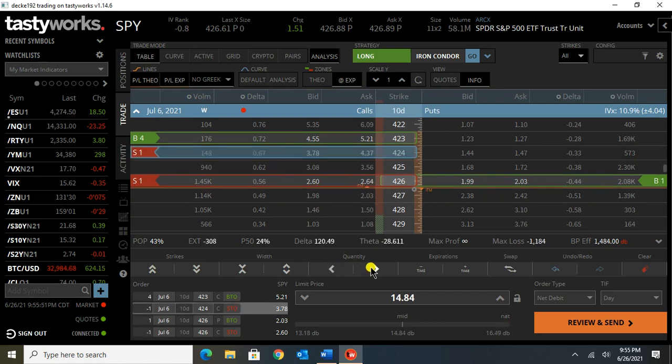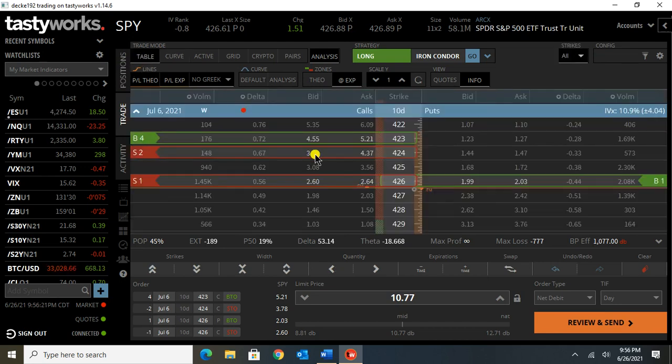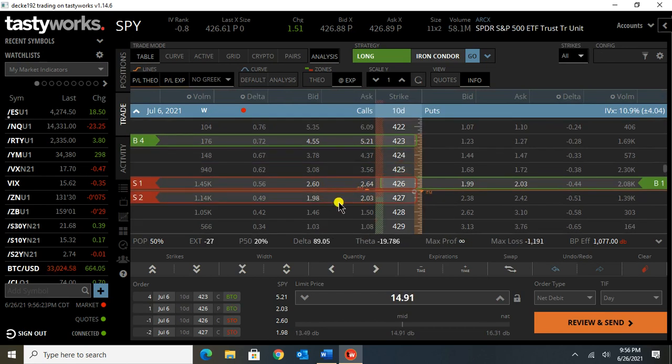And that takes in additional credit and it reduces the valley of death. So it basically just takes in a little bit of extra profit and reduces your risk a little bit. The downside is you lose a little bit of your upside potential. But when the market's going down, you're more worried about reducing the risk, typically. So I move this back to where it was originally.